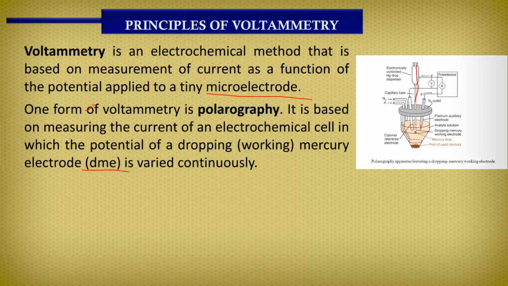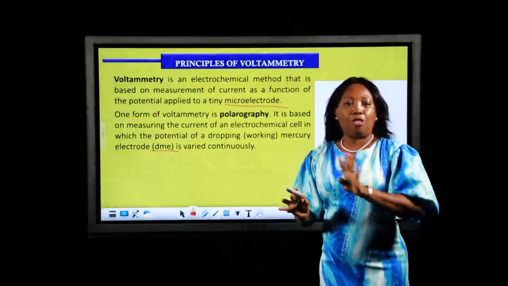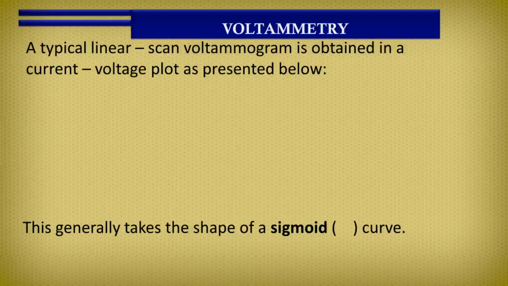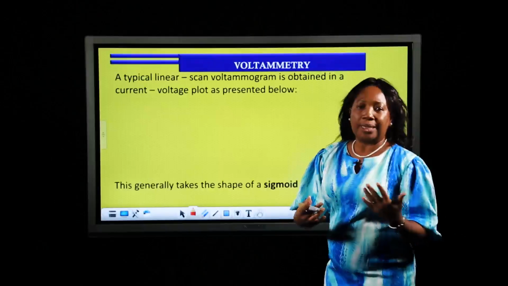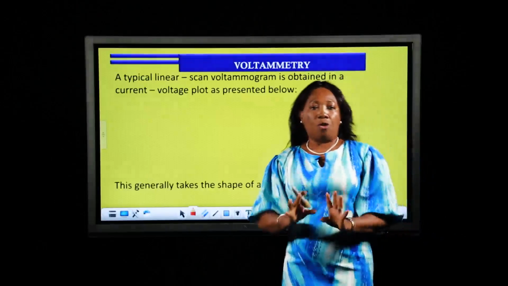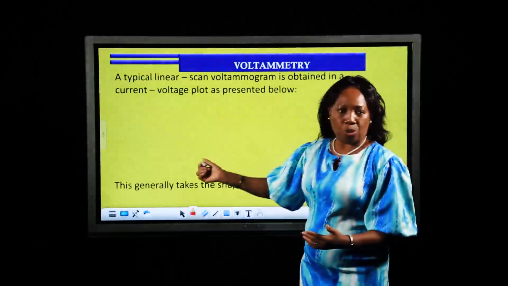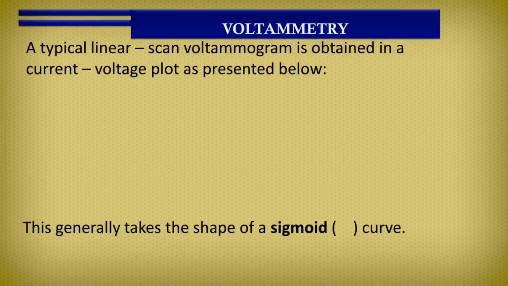That's why polarography is said to work as a 3-electrode system or 3-electrode cell. When your analysis is carried out, your result shows a linear scan voltammogram, and that is what I'm going to put on the board for you to see.